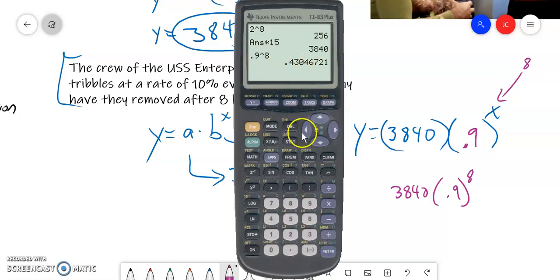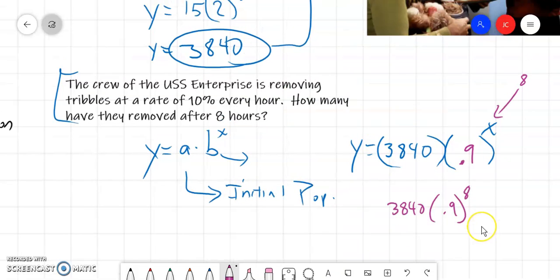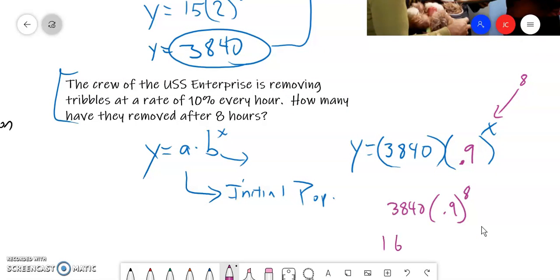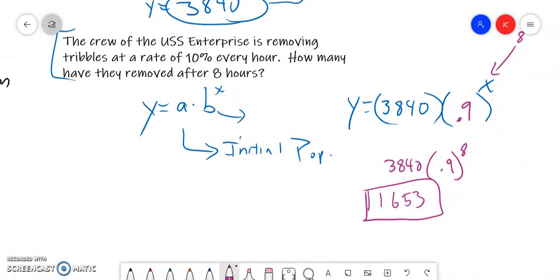We get this number, and then we multiply that by 3,840. And we discover that there are 1,653 tribbles left on board. 1,653 are remaining after 8 hours.